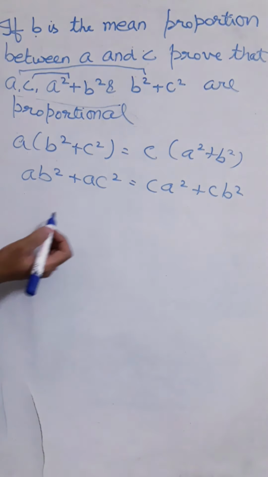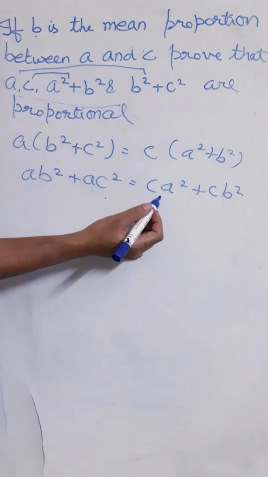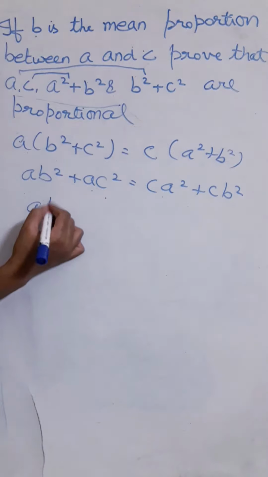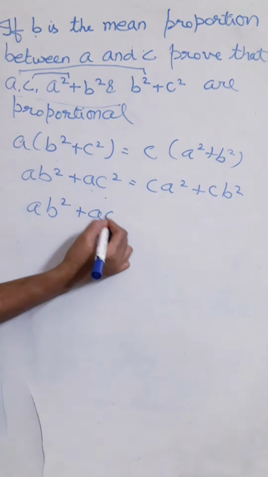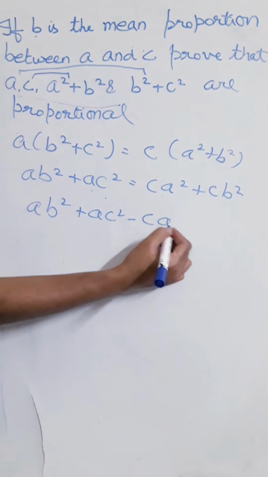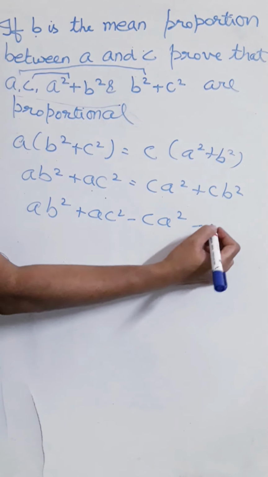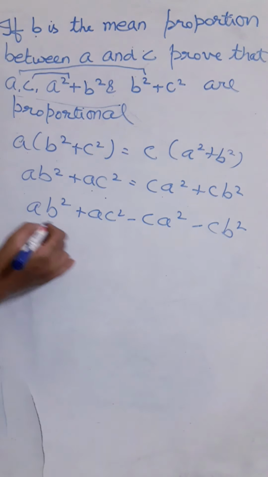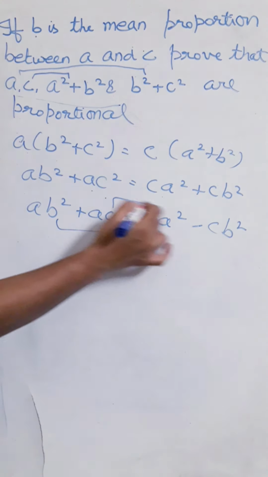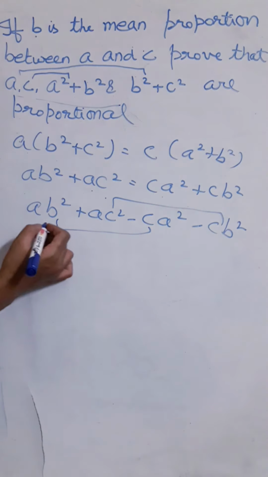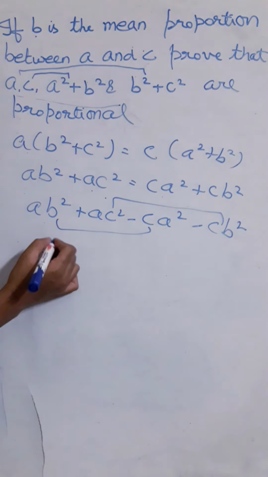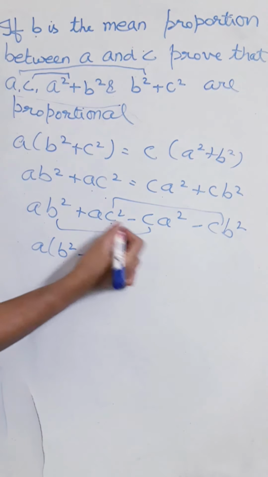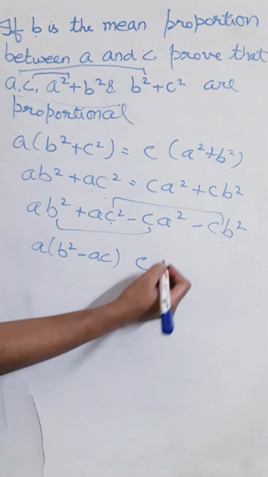Now here I have a c square and here I have a square c. I will bring all of them one side. So I will have ab square plus ac square minus ca square minus cb square. Okay. Now I am taking these two together and here these two together. So if I am taking these two together, I can factor out a and I will get b square minus ac, and from these two I can factor out c.